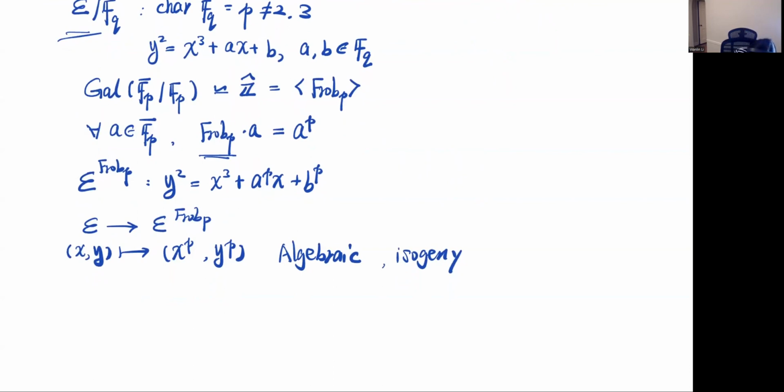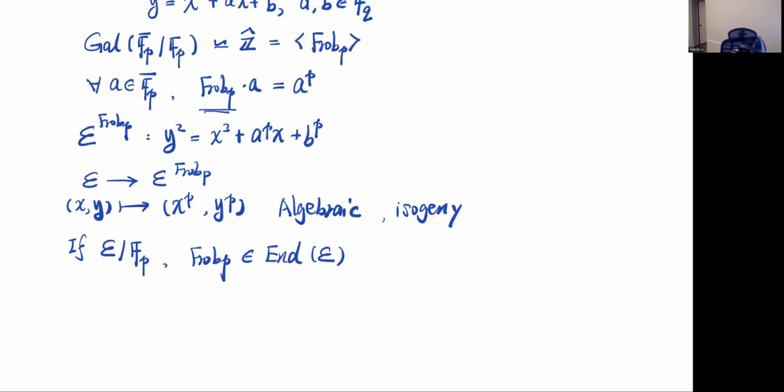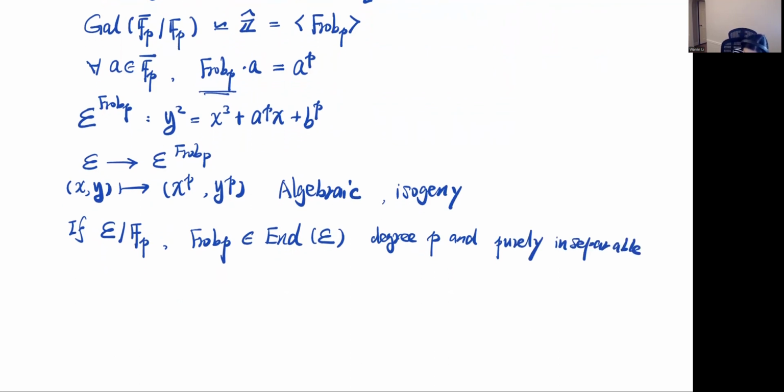So this means that if I consider E defined over the prime field Fp, then this Frobenius is an endomorphism of E. And this isogeny is of degree P and is purely inseparable. Okay. So it has degree P.